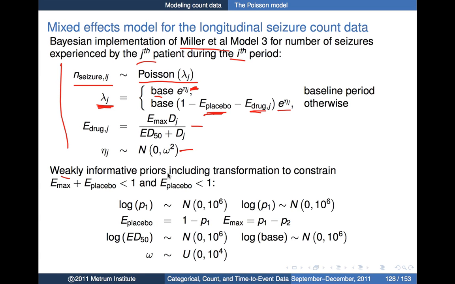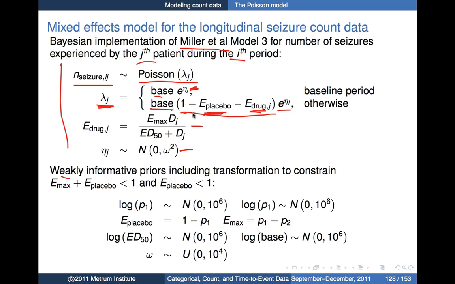I'm just going to use weakly informative priors, but in addition I'm going to use a little trick to constrain these parameters so that we don't end up with a negative average count. To do that, all I need to do is make sure that, first of all, I constrain base to be non-negative.